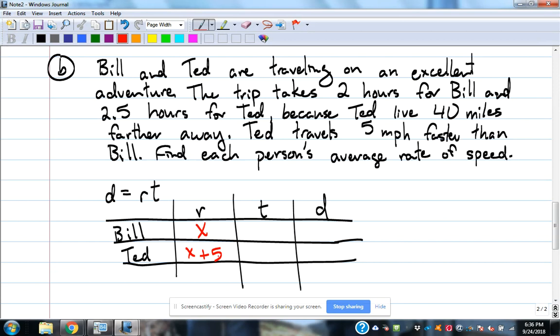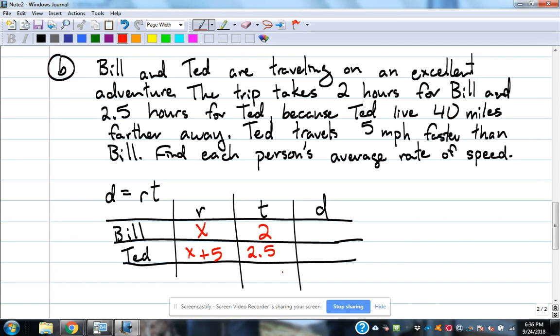We just know that Ted went 5 miles an hour faster. That's what we know in this situation. Okay. What do we know about the time that it took Bill to get there? It took 2 hours. What do we know about the time it took Ted to get there? 2.5 hours. Even though he was going 5 miles an hour faster, it still took him 2.5 hours.